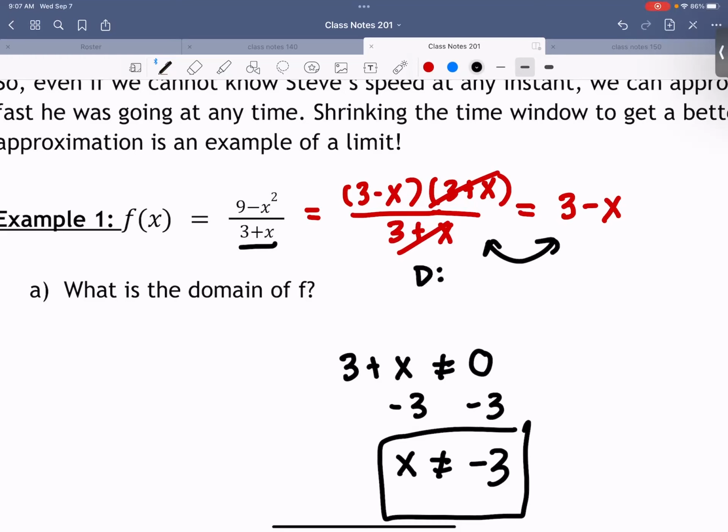So the domain of this function is everything except -3, right? I have to keep that domain here. So basically, this function is the graph of 3 minus x with the constraint that x can't be -3, sorry. Does that make sense? So that's why the graph looks like that.